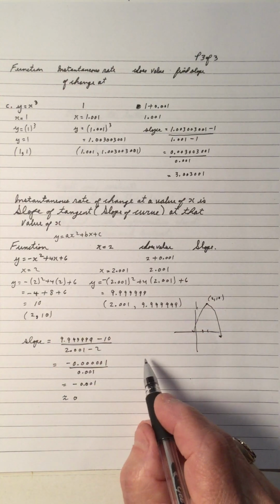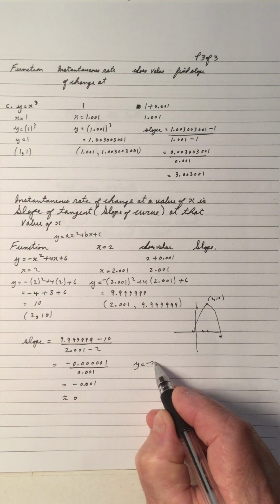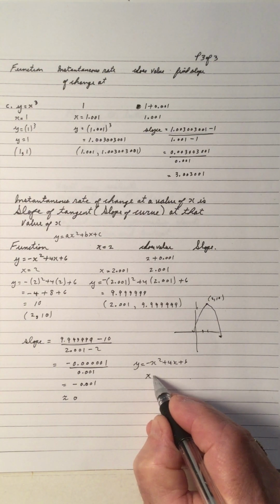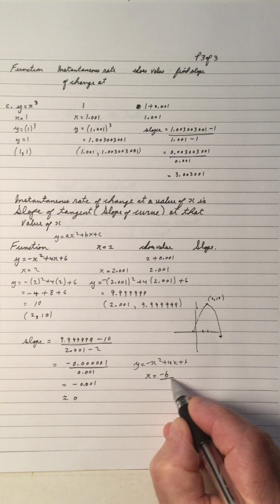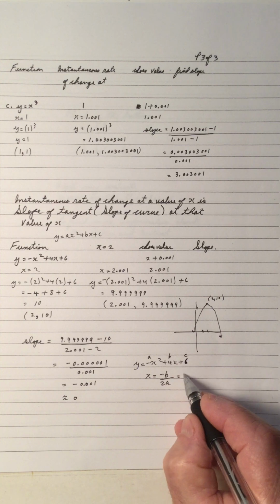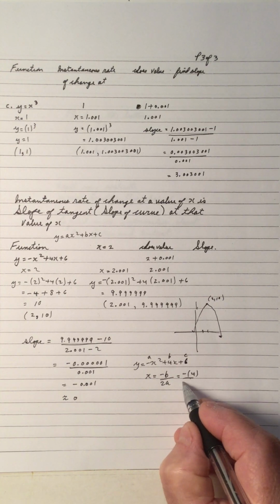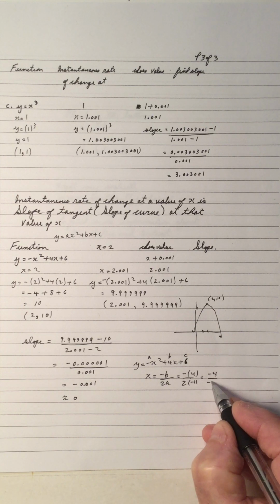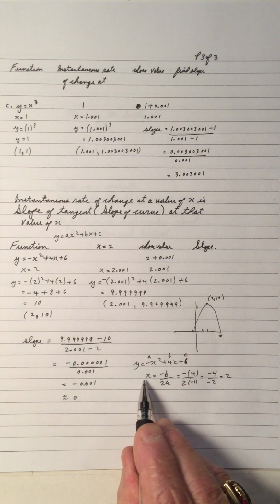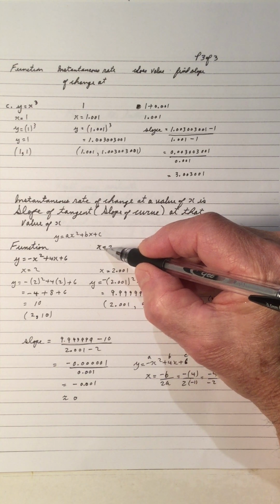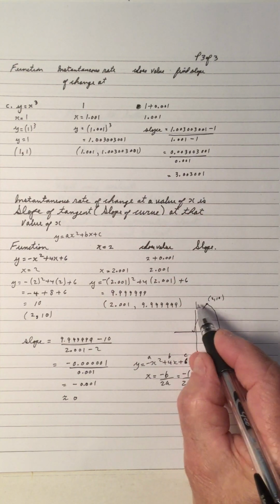So if we take this parabola, y equals negative x squared plus 4x plus 6, the x coordinate of the vertex is x equals negative b over 2a. Here a is negative 1, b is 4, c is 6. So it is negative 4 over 2 times negative 1. That's negative 4 over negative 2. So the vertex is at the x value of 2. This is the x value of 2, and that vertex is right there.